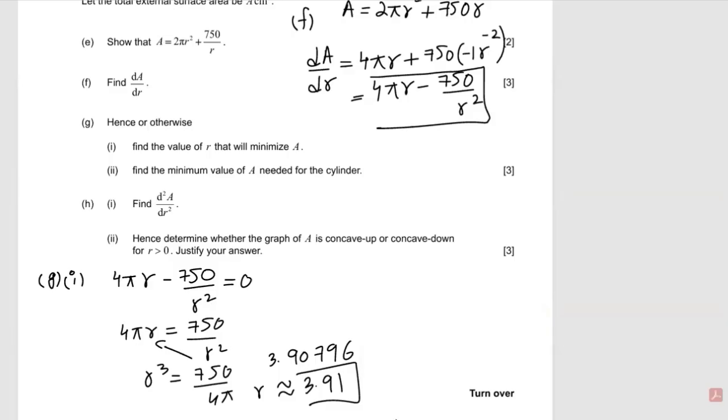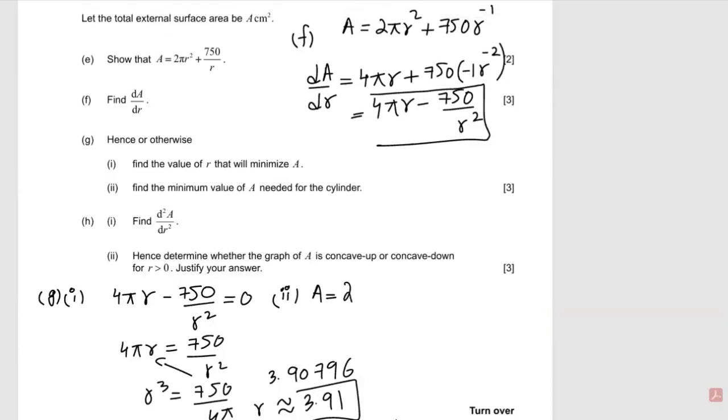Okay, so hence determine whether, oh, sorry, I had to do G2. Find the minimum value of A needed for the cylinder. So how do you get the minimum value? You have the area expression already, the second part. I can just sub in 3.90796 into 2 pi r squared plus 750 over r.